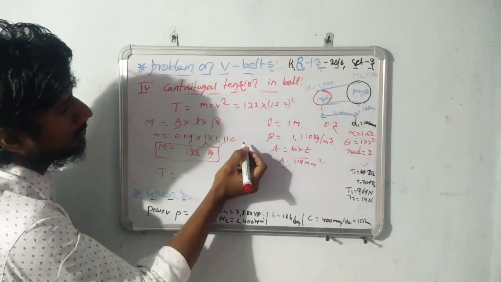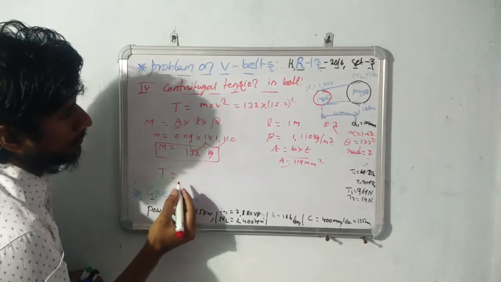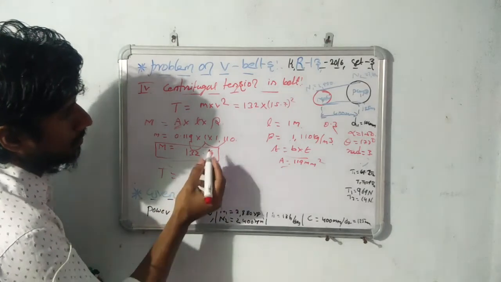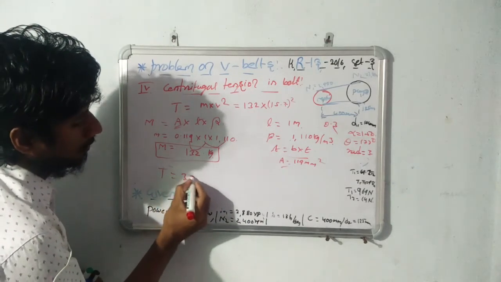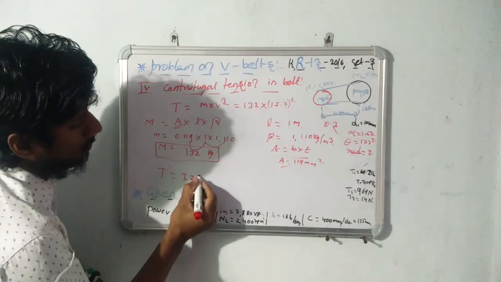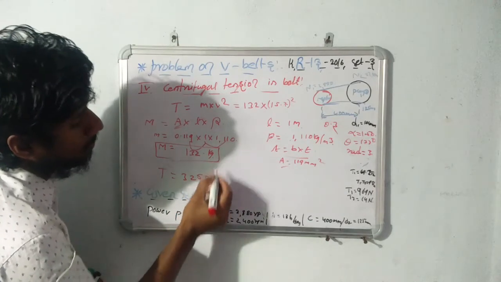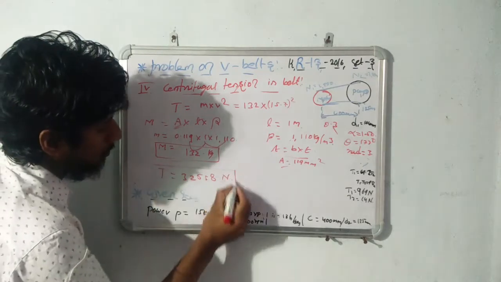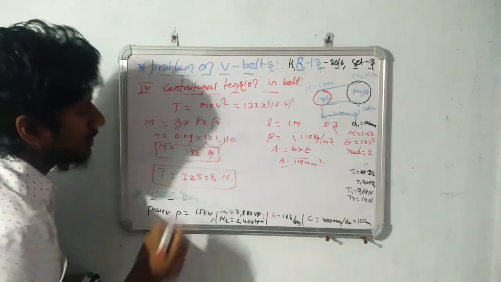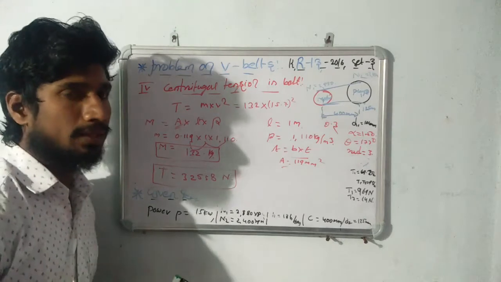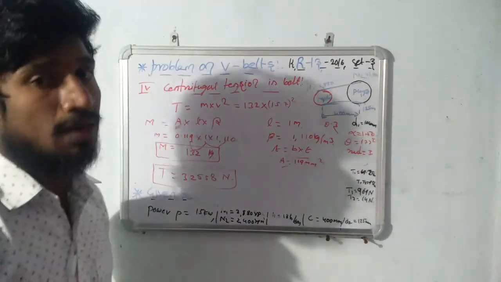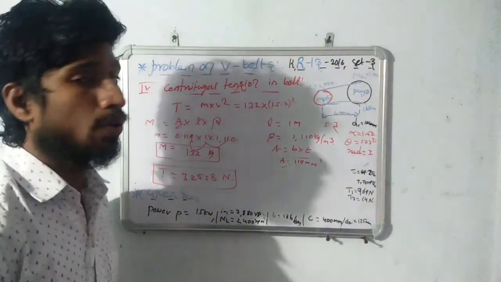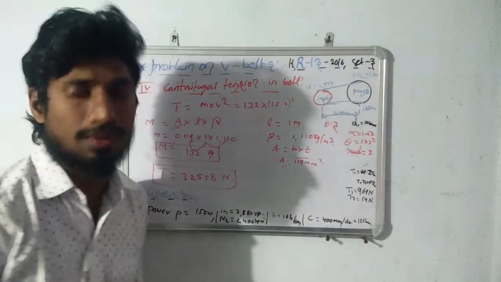By multiplying this one, we get 32558 approximately. This is about the centrifugal tension acting on the belt. Go to the next step, that is the design power. Here how we are going to find out the design power.